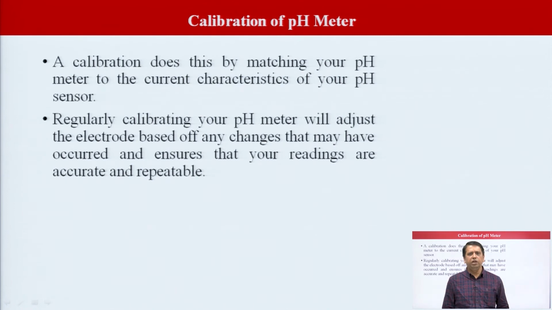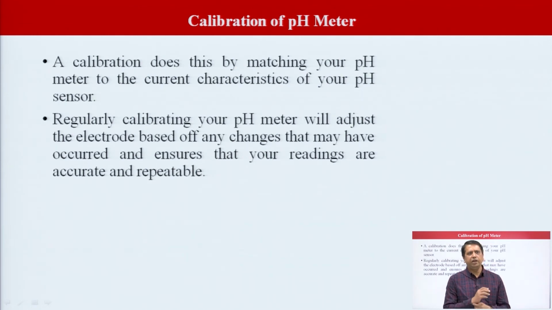So, what are we doing here in the calibration process? We are matching the overall readings of the pH meter with the already known solution's pH, and by doing so we are compensating the overall performance, which has deviated because of the long use of the electrode.